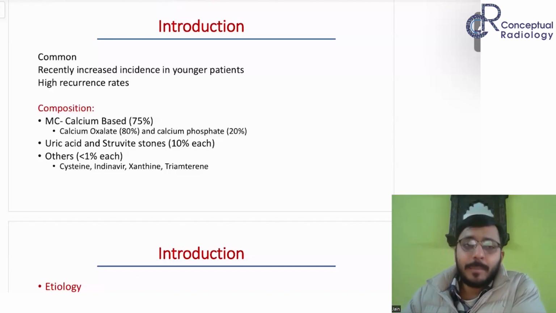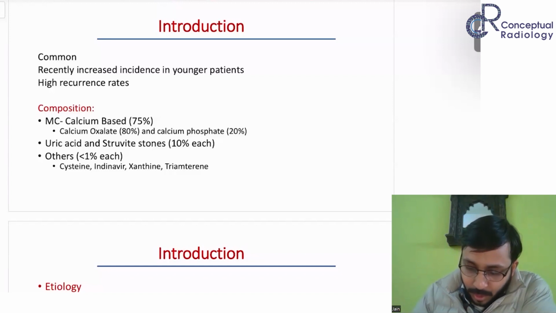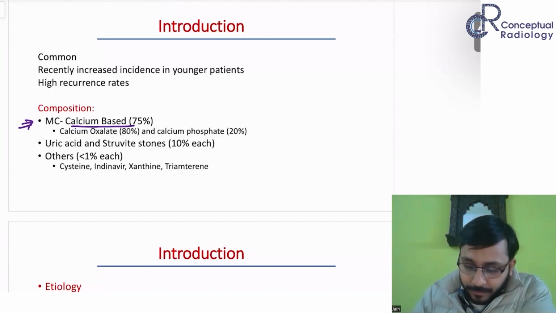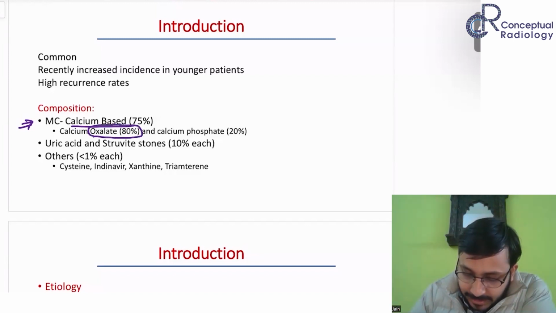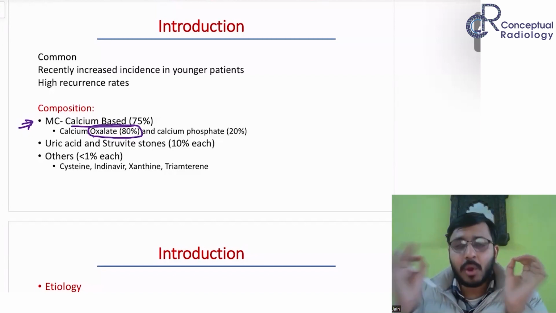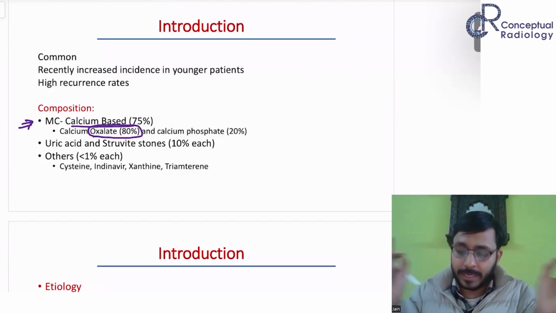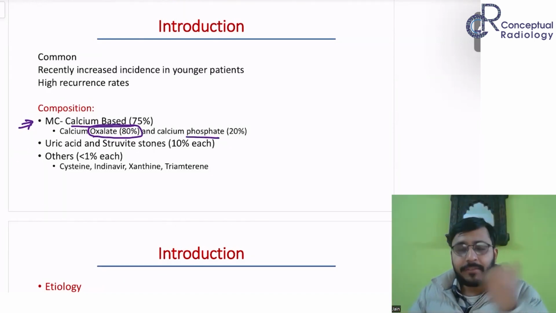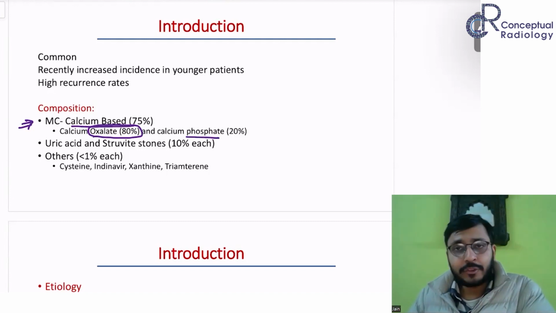Now, if we look at the composition, the most common composition is calcium-based stones, predominantly calcium oxalate. So predominantly the stones that you'll see in your OPD are calcium oxalate stones. They are the most frequent type, followed by calcium phosphate. After that come uric acid and struvite stones.